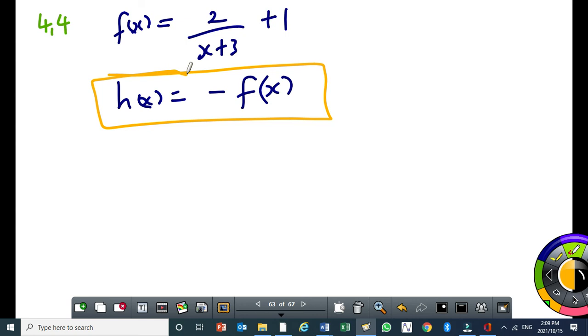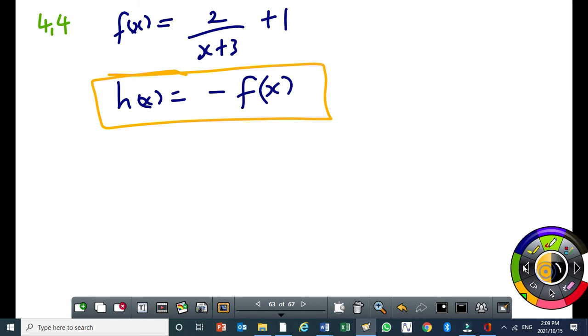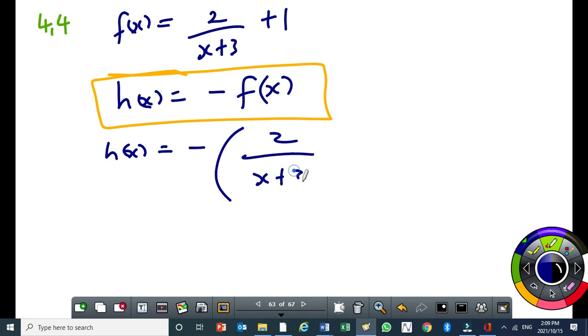So what you have to do is substitute the right-hand side of f of x. Whatever resulting equation you get, that's the equation for h of x. So h of x will be equal to minus, open bracket, 2 over x plus 3, plus 1, and this becomes minus 2 over x plus 3, minus 1.